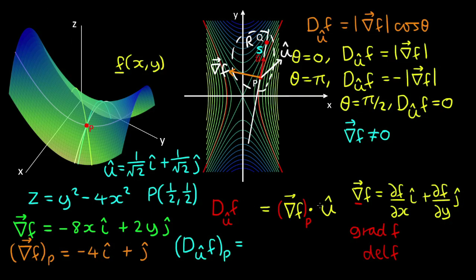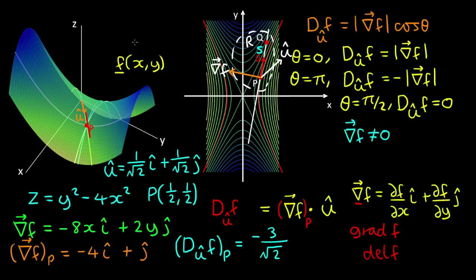So taking the dot product, we get minus 4 on root 2 plus 1 on root 2, which is minus 3 on root 2. So that's the slope of the tangent to the curve in the plane that's parallel to the direction vector u.